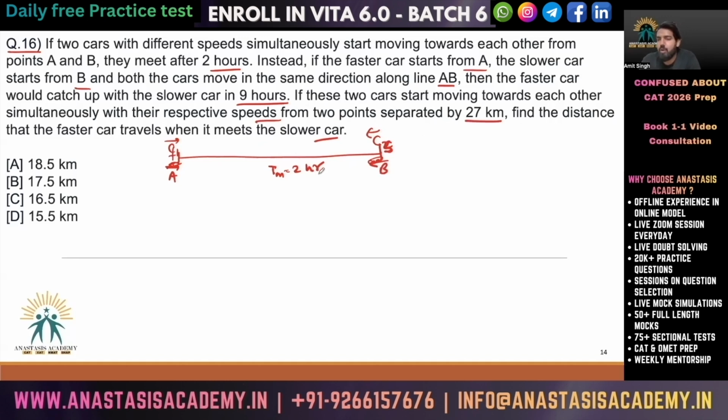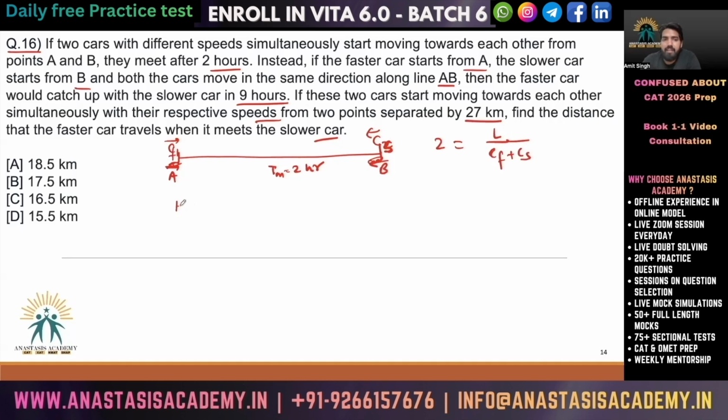So time taken is 2 hours, and that would be the length of this track divided by the sum of their speeds. That is the relative speed. So speed of faster car plus speed of slower car, right?